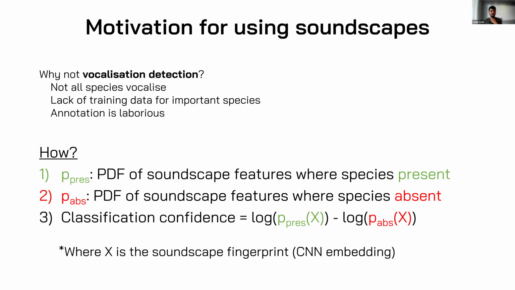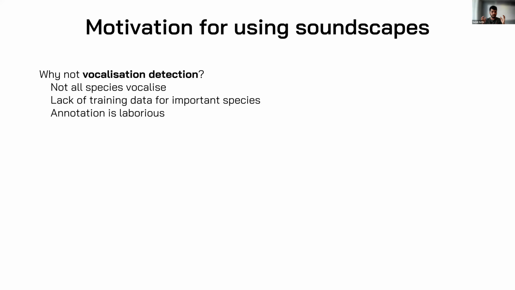So what we did here is we used an existing data set of soundscape recordings at the 20-minute scale, which had associated point counts, but not point counts saying exactly at what time each species was found. So you've got a soundscape, you've got 20 minutes, and you've got a species community that was detected.